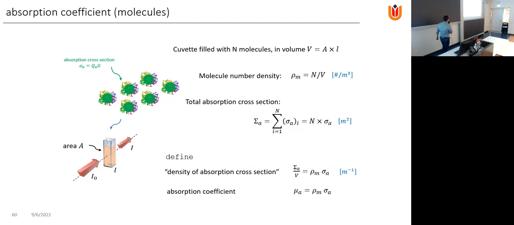So the absorption coefficient mu A is the molecular number density rho times the absorption cross section. Physically, the interpretation is that it is the density of absorption cross section. So this is a property not of a single molecule, but of a collection of molecules.